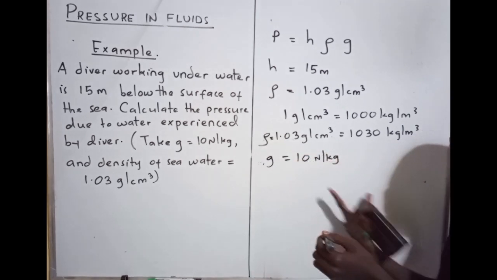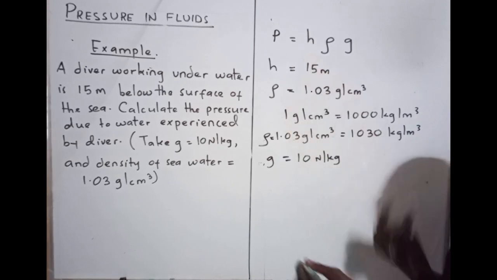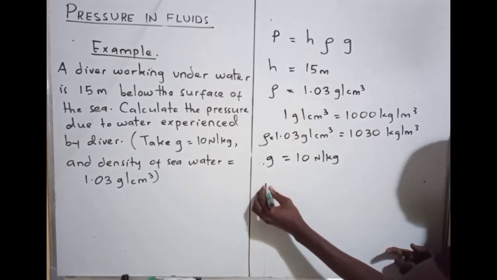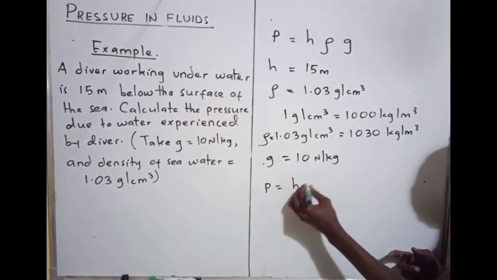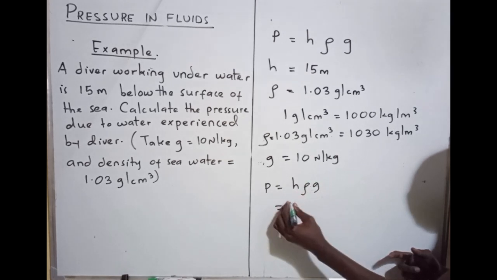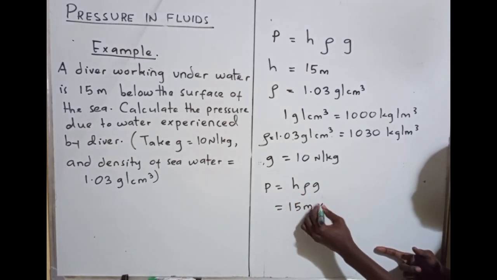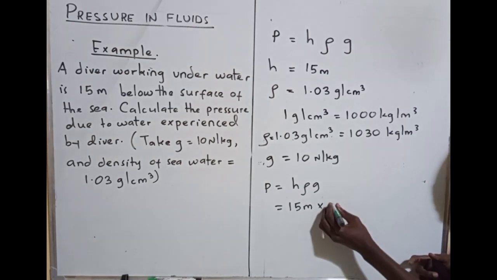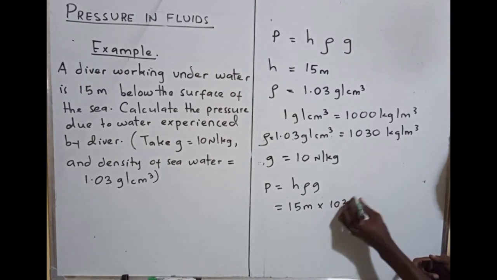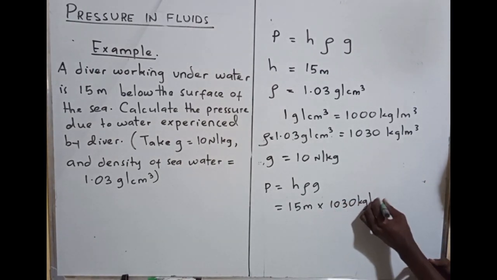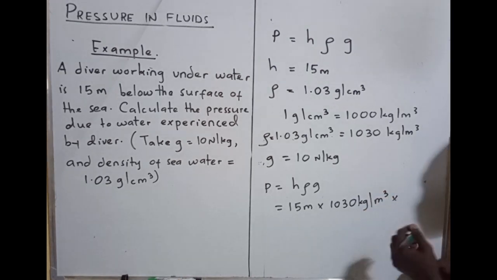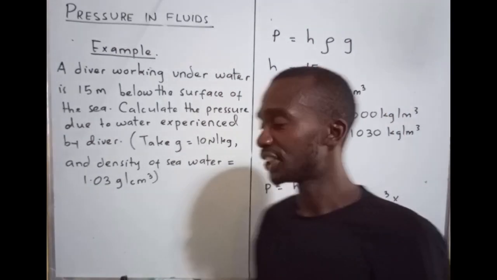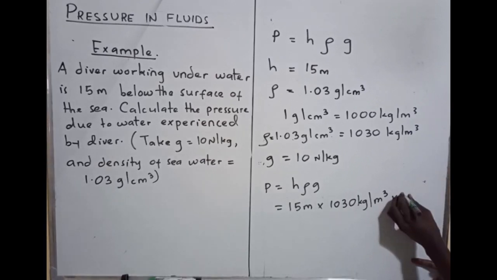Now we substitute the given constants in the fluid pressure formula. So the pressure P is equal to H rho G. The height is 15 meters multiplied with the density of seawater, 1030 kilograms per cubic meter, times the gravitational field strength, which has been given to be 10 newtons per kilogram.